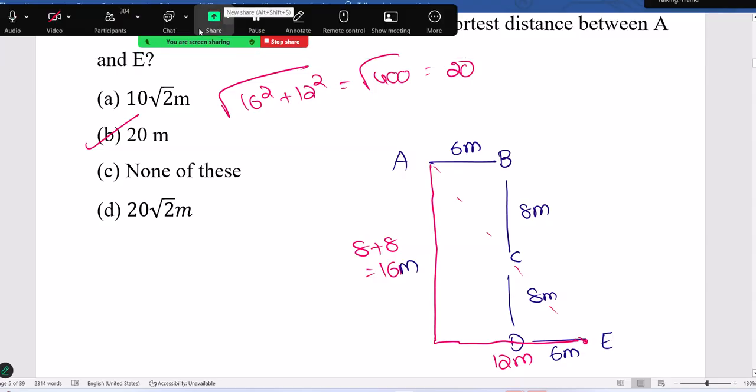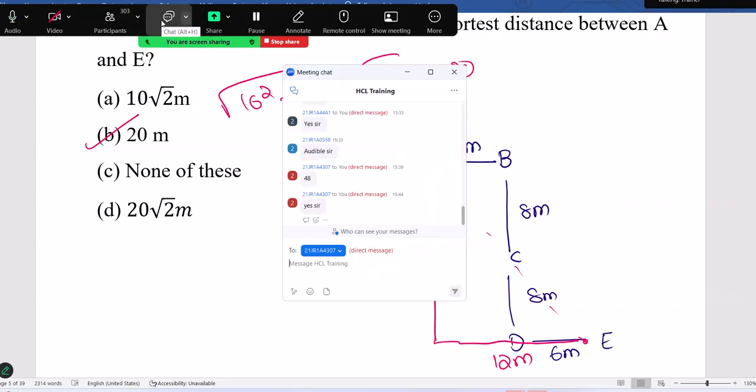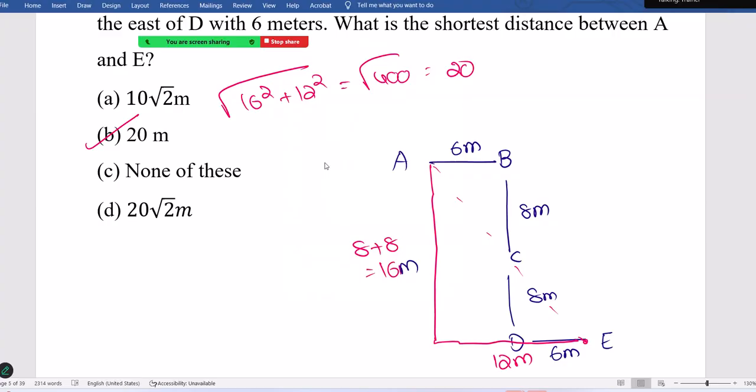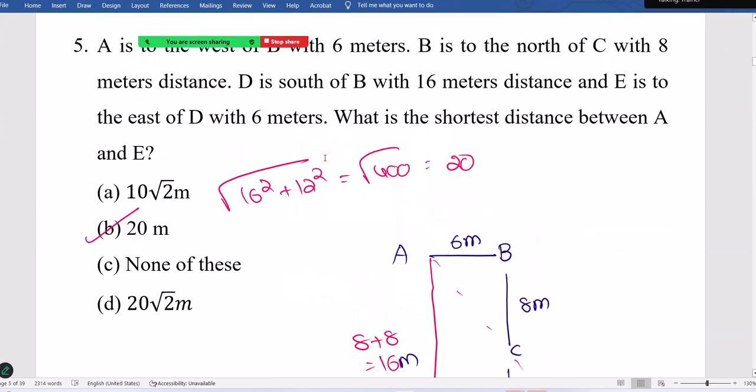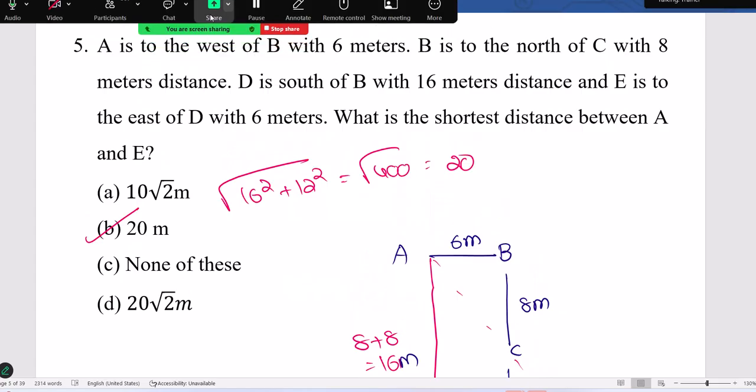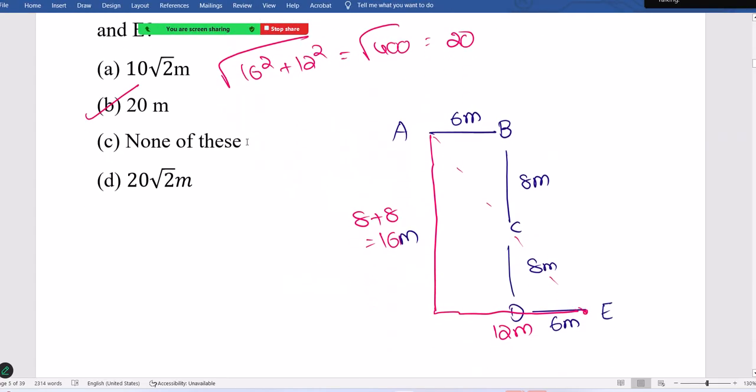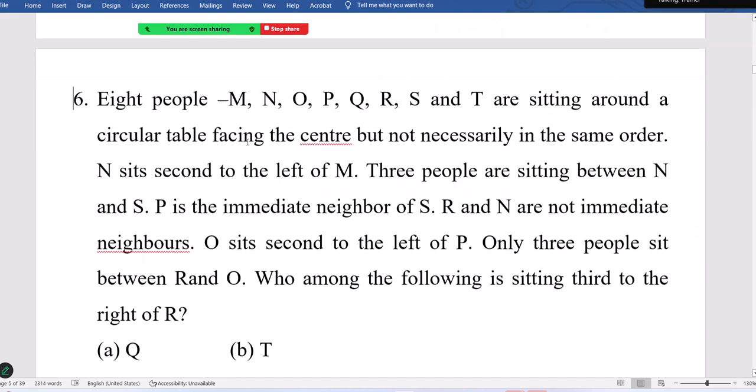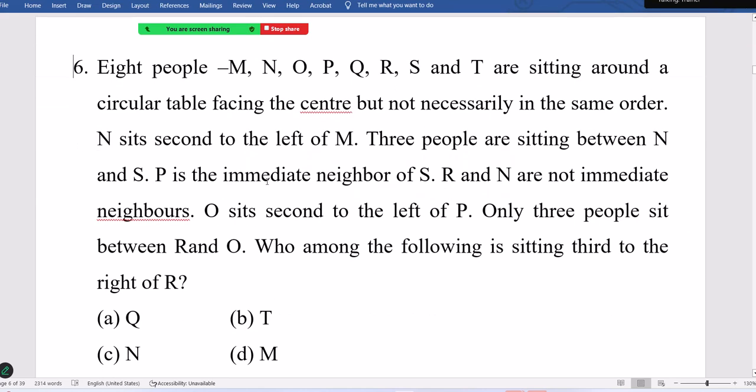Directions related question. If you answer when the question is displayed, then only I'll start the discussion. Okay, you have to solve the question. This question, 20 meters is the answer. See the next one. Just focus on this question. Let me know what is the answer from your end.